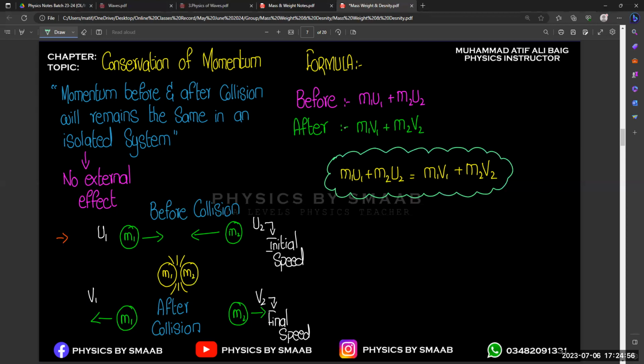So basically, the momentum is going to be transferred from the white ball to the red ball. The velocity of the white ball will decrease after collision, and the velocity of the red ball will increase. And if we count the total momentum, combining the momentum of the white ball and the red ball, we will get the same value as the initial momentum of the white ball, right?